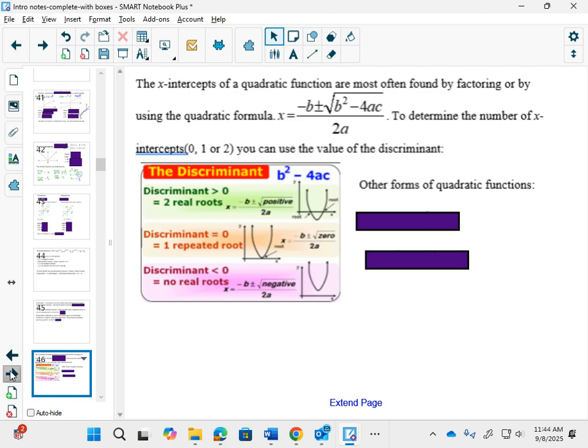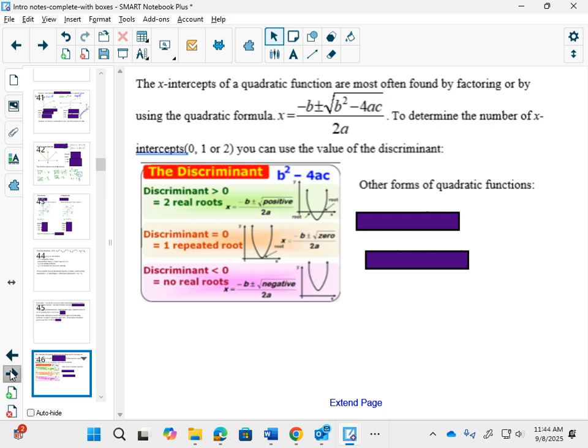Because with this plus or minus, if you add or subtract a number, you're going to get two different answers. Does that make sense? So when it's positive, you add or subtract a positive number, you're going to get two different answers. That tells you you have two roots or two x-intercepts. If it's equal to 0, adding and subtracting 0 ends up being the same thing. And then you only have one answer.